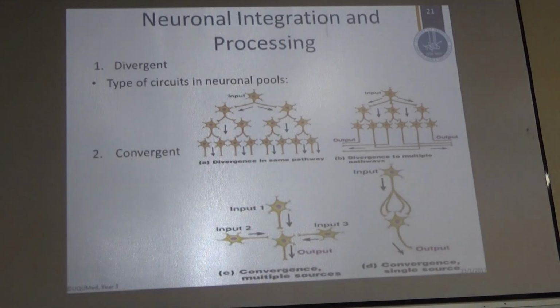That is called convergence. See, input 1, input 2, input 3 combine, summated, spatially, and give the output. Similarly, input will spread and then again combine into output. I think this is very simple. Is there any problem?